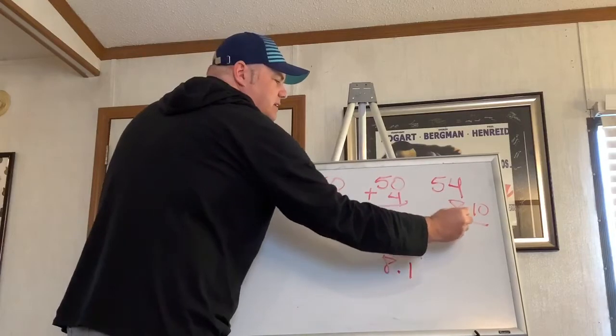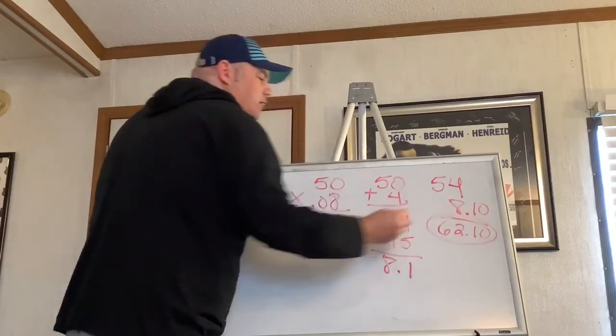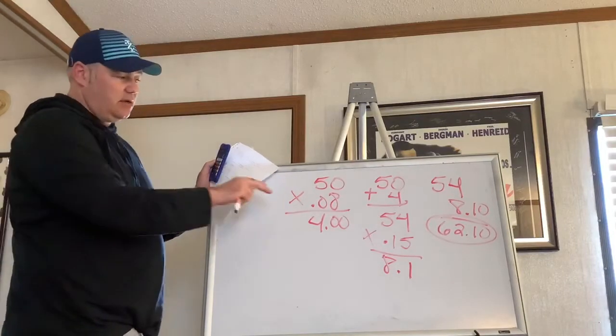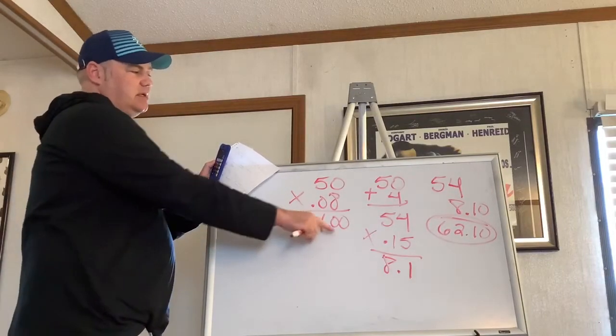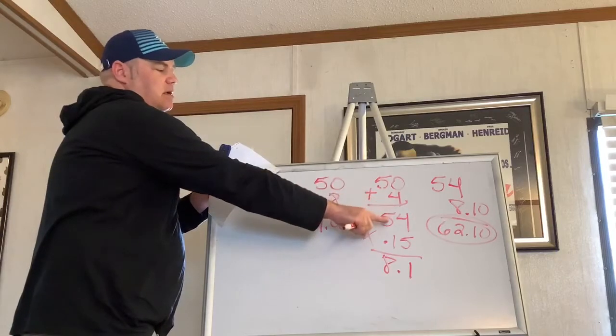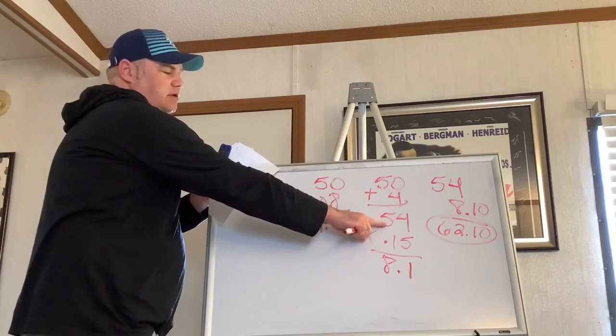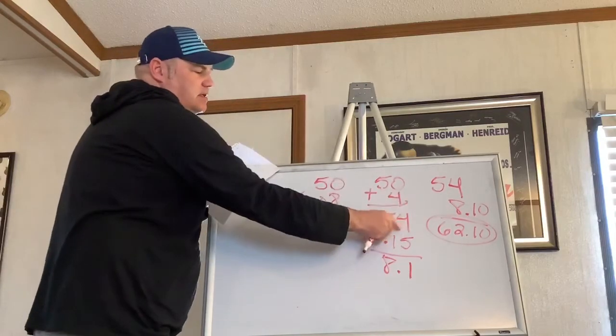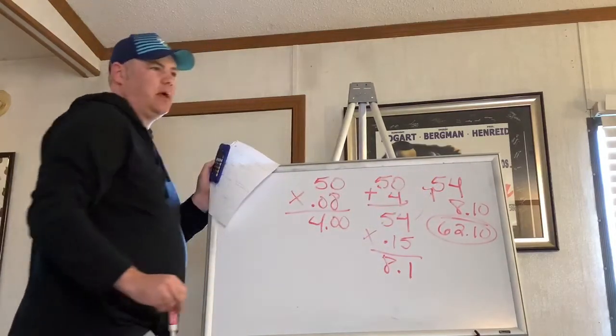So that's going to come to $62.10. That's going to be my meal total, $62.10. Check your work. If you need to pause it, go through and see what I did. Tax, add the tax in, get the total, take the new total times the tip, take the tip and add it to this total, okay?